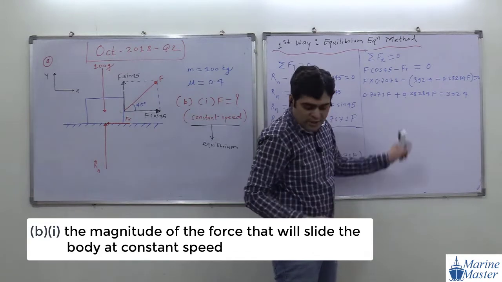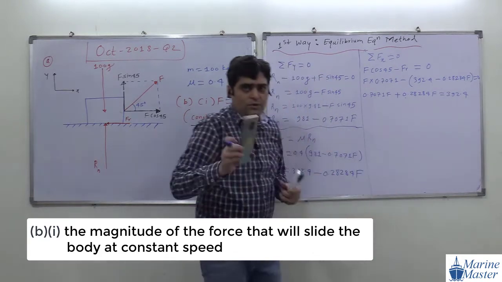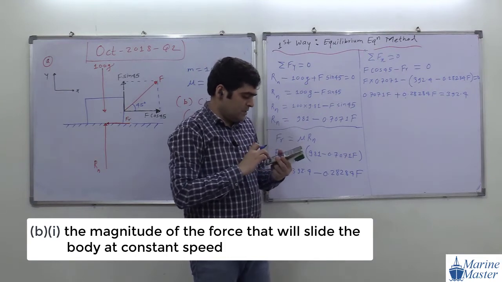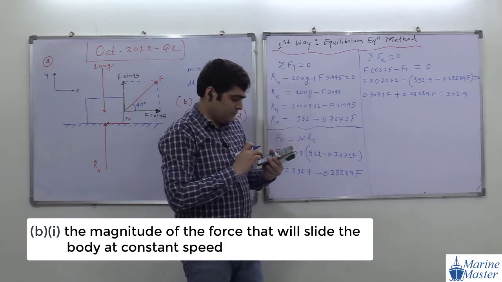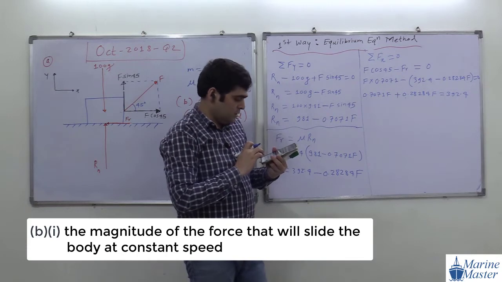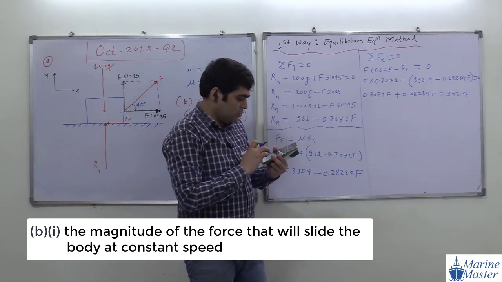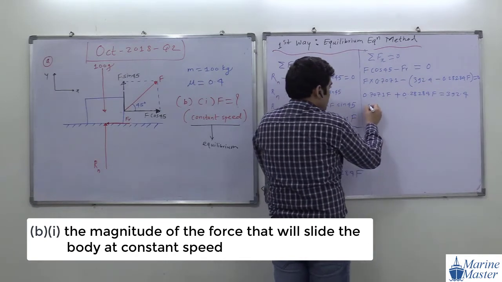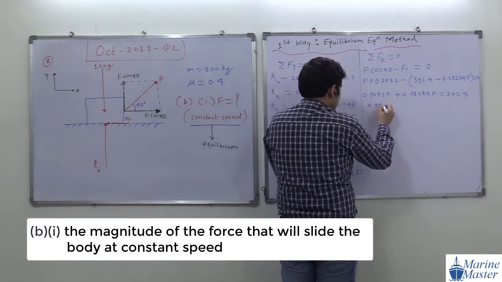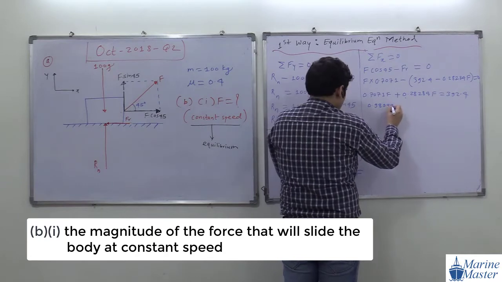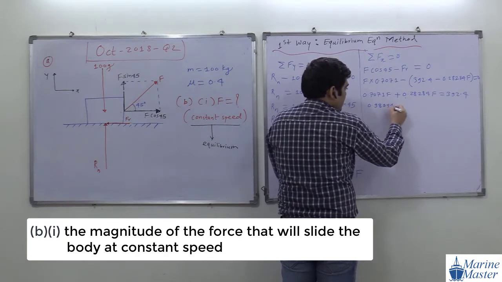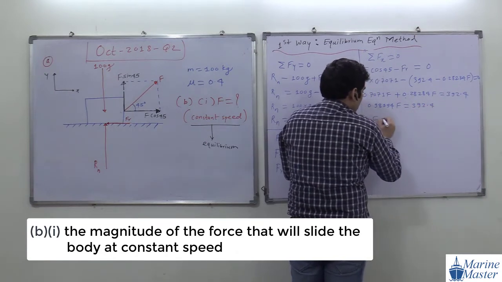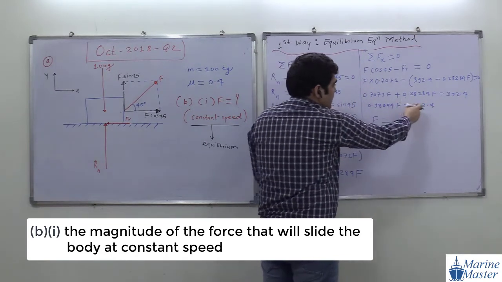Now we will add these two things. 0.7071 plus 0.28284. Everyone, please add these two. What will it become? 0.98994, everyone check it out, into F equals 392.4.